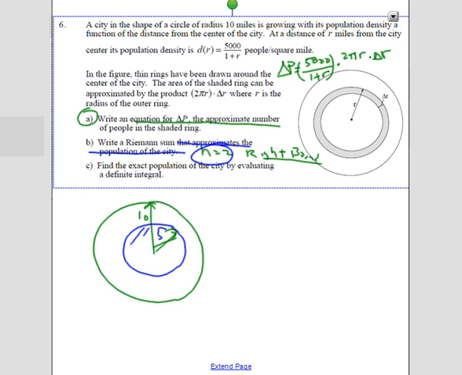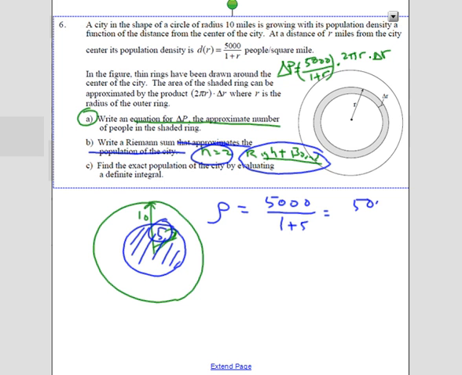And since it's a right bound, we're going to assume that the density over the entire inner circle is the density at r equals 5. So 5,000 over 1 plus 5, which is 5,000 over 6. The idea of the Riemann sum is we're approximating the density to be fixed over that region.